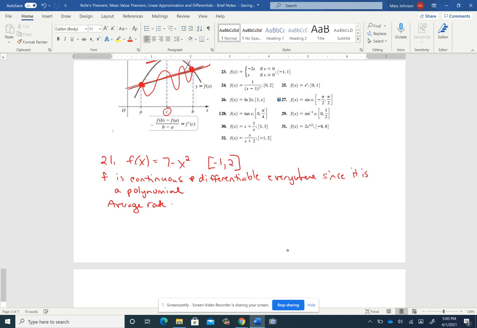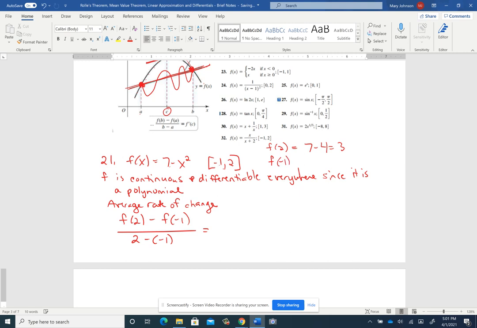It's not the first derivative. Average rate of change is the slope between 2 points. So it'd be f of 2 minus f of -1 over 2 minus -1. That's the average rate of change. So find that first. You might want to do f of 2 right at the start. That would be 7 minus 4, or 3.